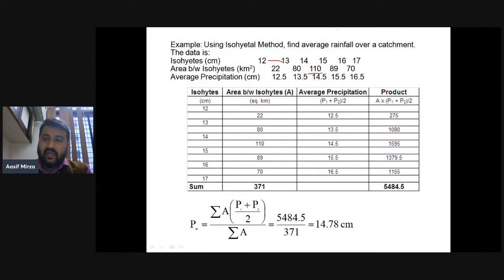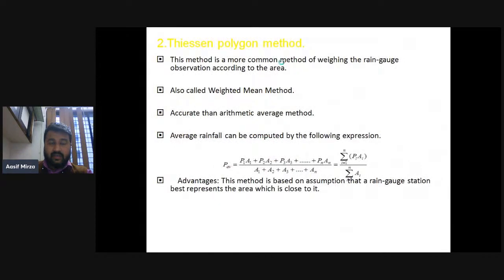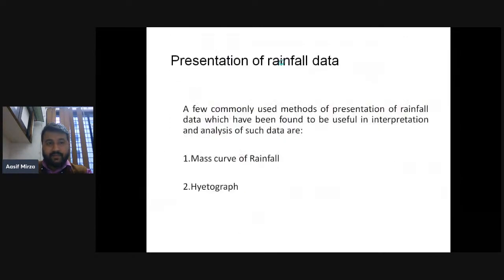If you get the sum of A into (P1 plus P2) divided by 2, you will get 5484.5, and that divided by 371 gives P average as 14.78 centimeter. This is how we calculate the average rainfall through the isohyetal method, the Thyssen method, and the arithmetic average method.